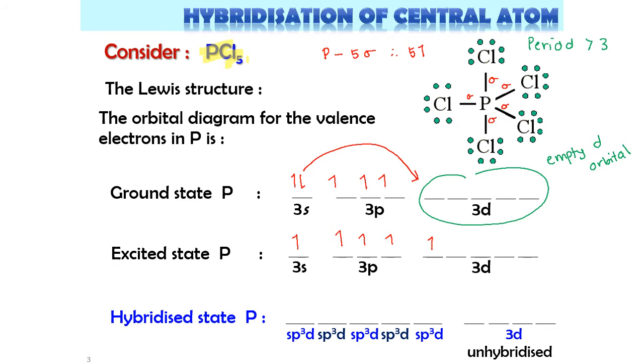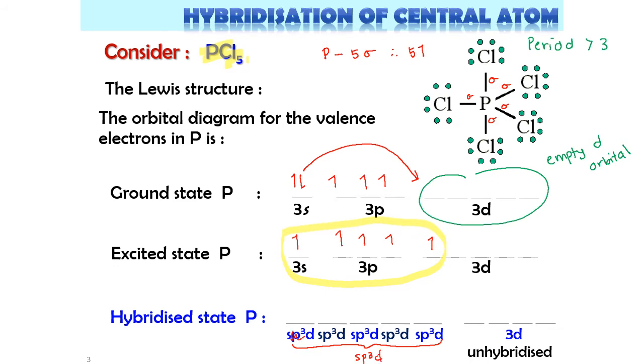So you need to hybridize all these 5 orbitals, so you will get them as sp3d. It's either you write each and every orbital with the new name, or you can write it this way, which is you just do the curly bracket here and then sp3d.